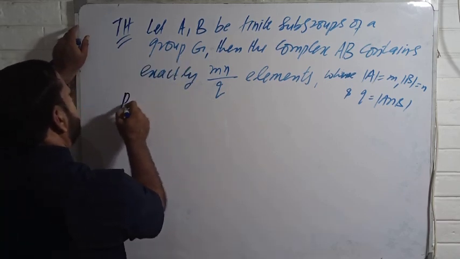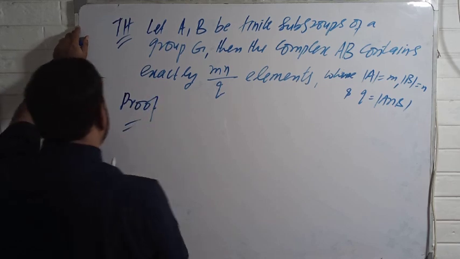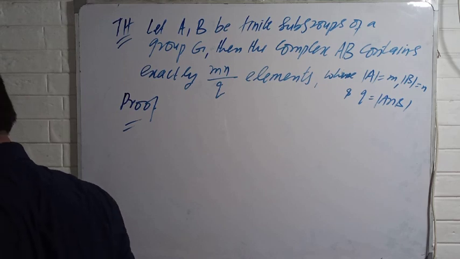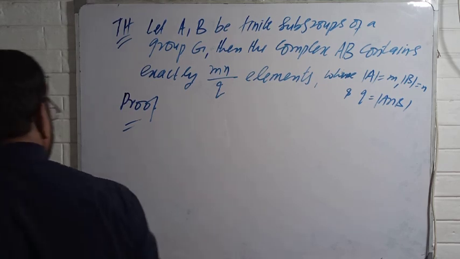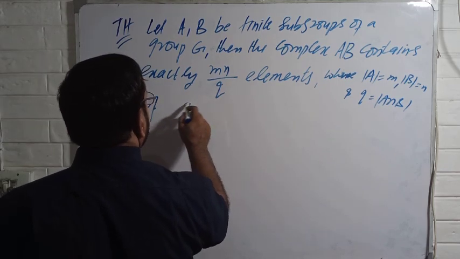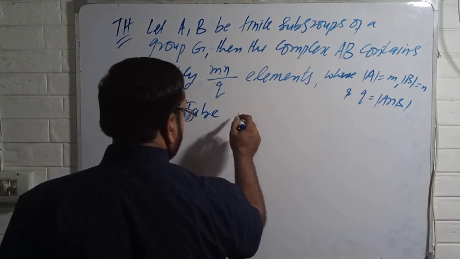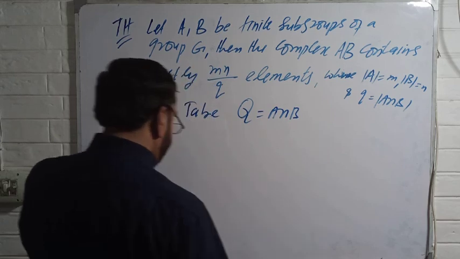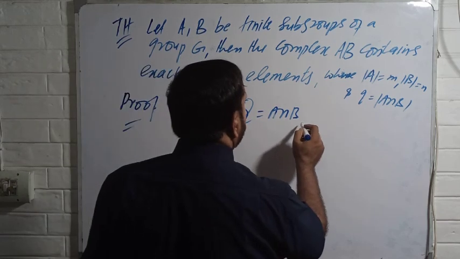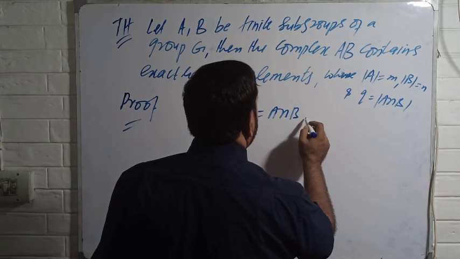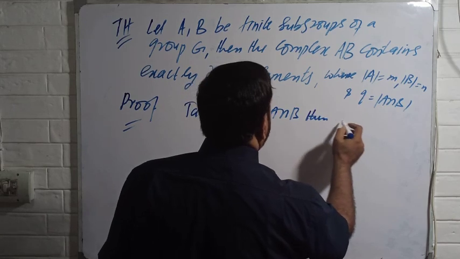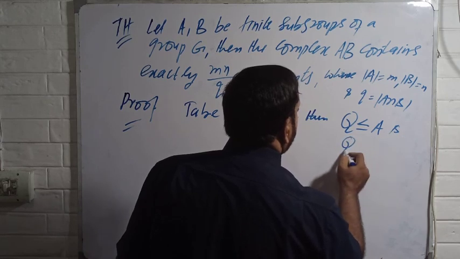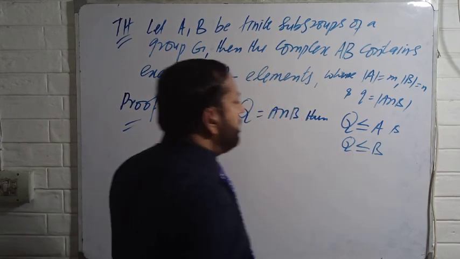Okay, the proof is: take Q as A intersection B, then clearly Q is a subgroup of A and Q is a subgroup of B as well.